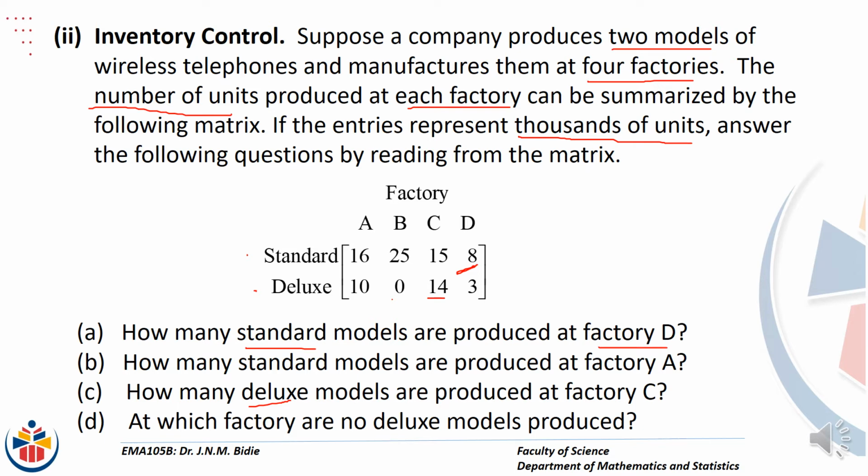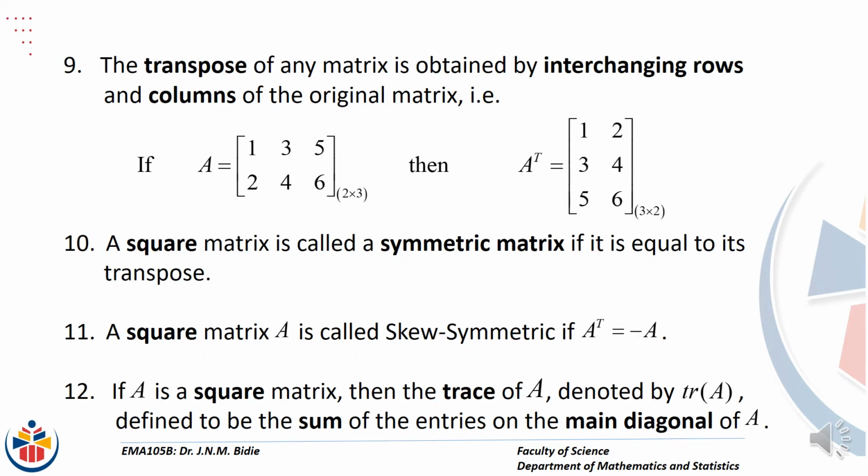Let's go to the next slide. Then we're introduced to the transpose of a matrix. We get the transpose of any matrix. Note that it's any matrix, so any matrix can be transposed by interchanging the rows and columns of the original matrix.